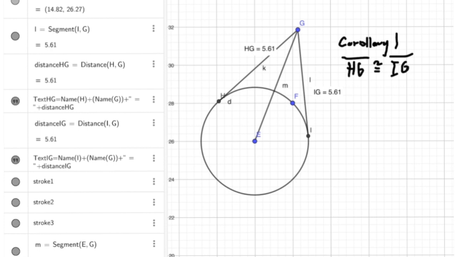Corollary 2 states that two tangent segments from a common external point determine an angle that is bisected by the segment formed from the external point to the center of the circle.